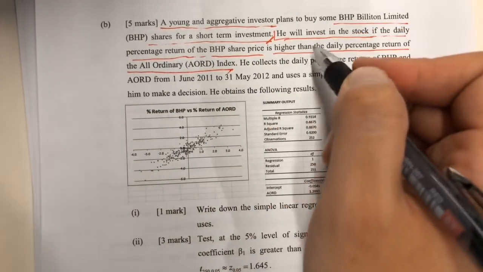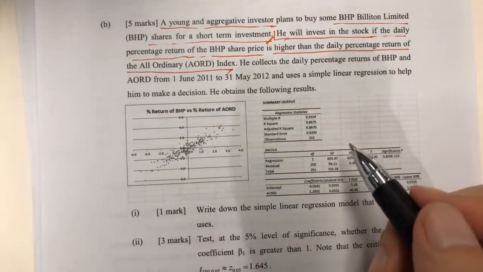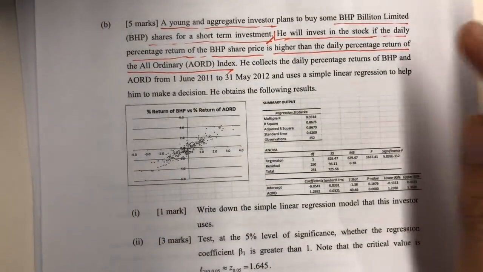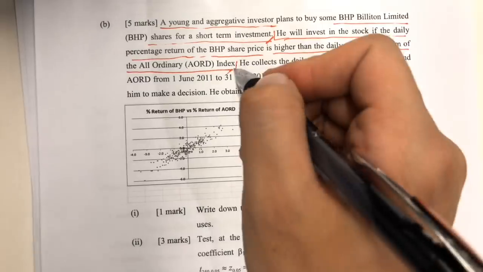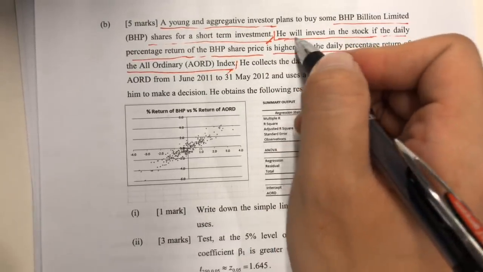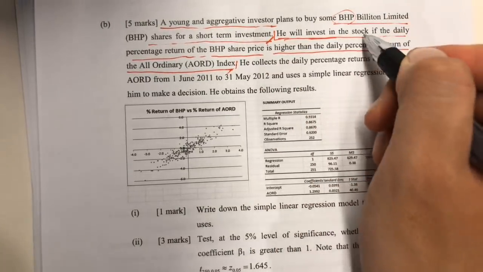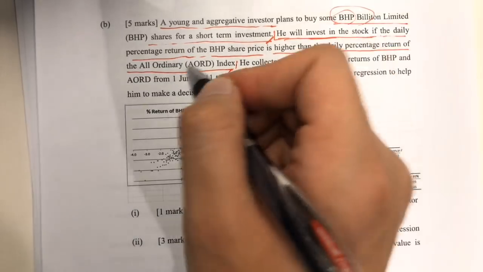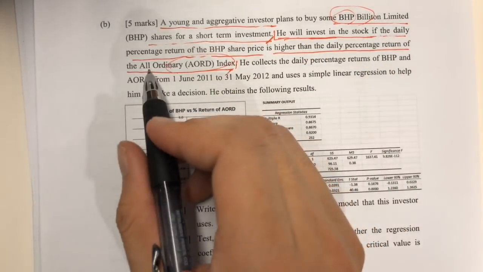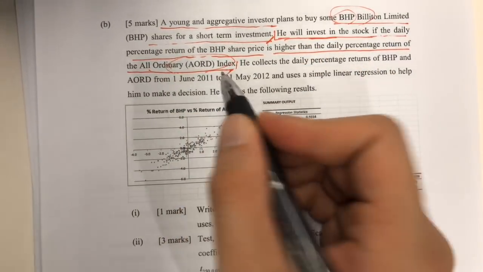This sentence will be very important later on, but so far you can't see any importance of it, right? But he will invest in BHP stock if the stock return is higher than the market, right? The market is the All Ordinaries index.